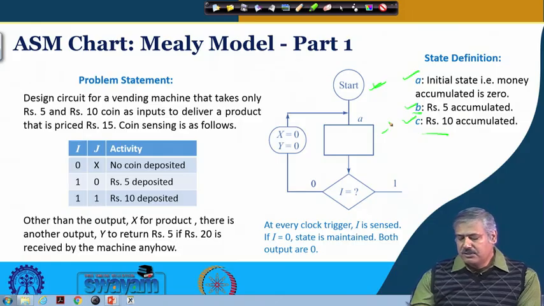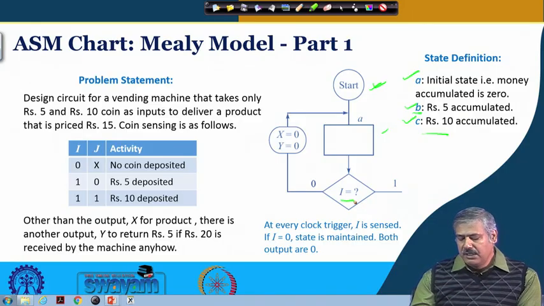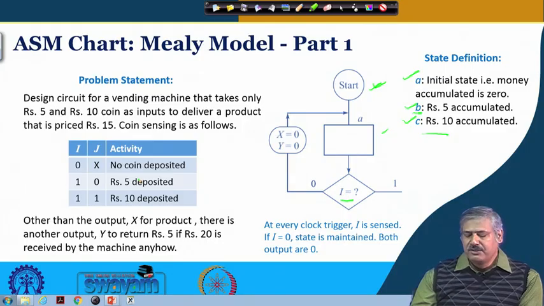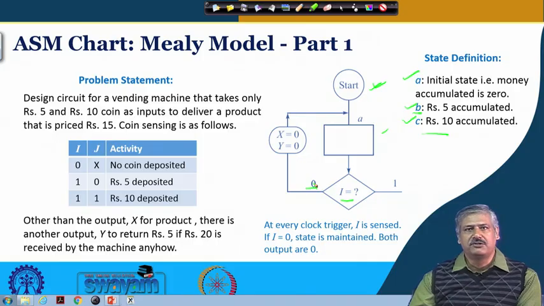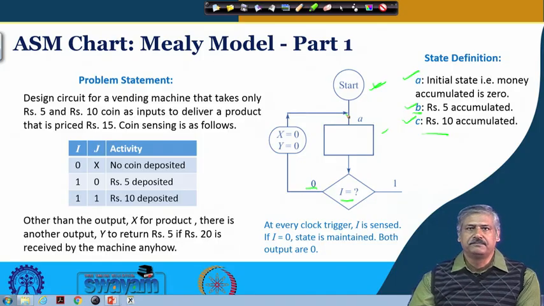So there will be a case where it is sampling i to see whether a coin is deposited or not. It will find that it is 0, no coin has been deposited. So what should it do? It should remain in state A only.